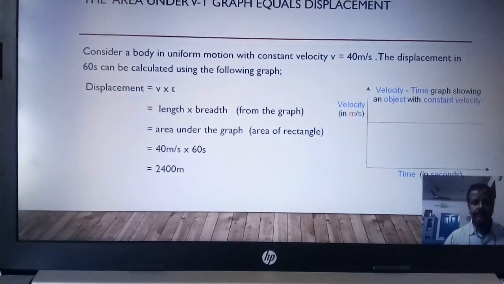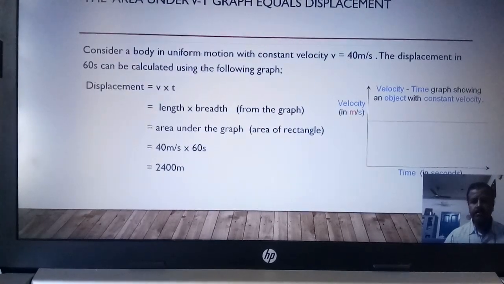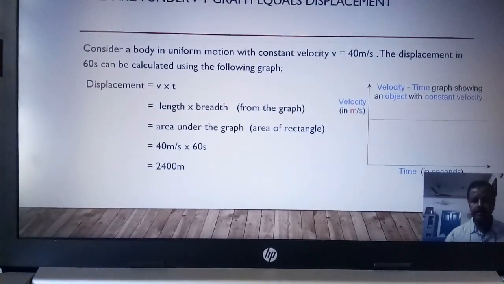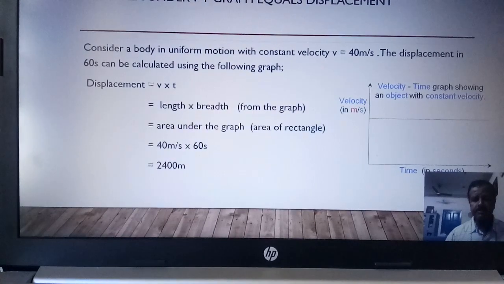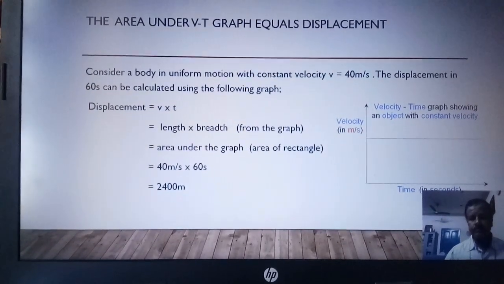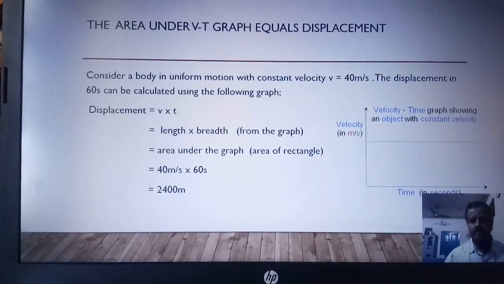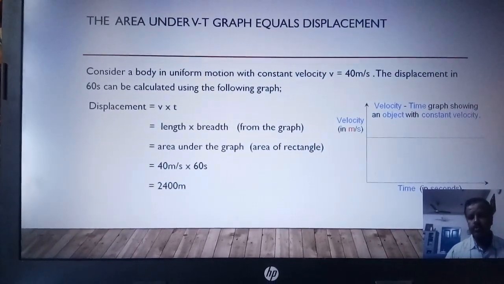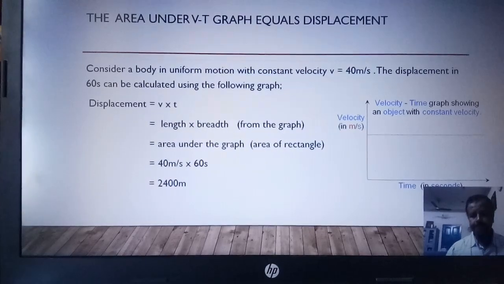Suppose I want to calculate the displacement of that vehicle moving along a straight line. What is the displacement after 60 seconds? We know that if it is a constant velocity, then displacement is equal to velocity multiplied by time.